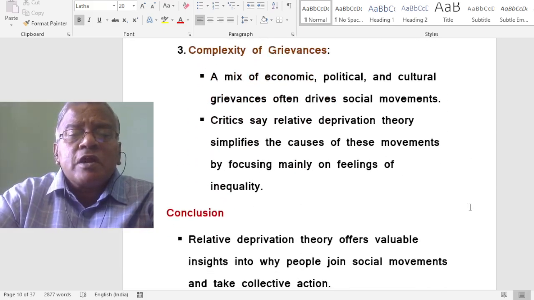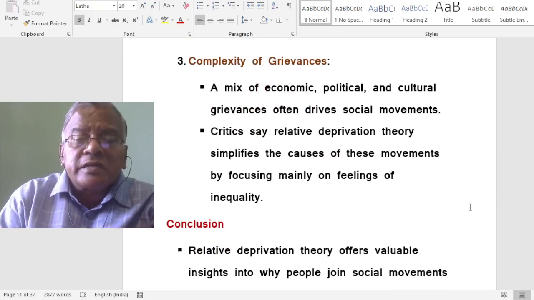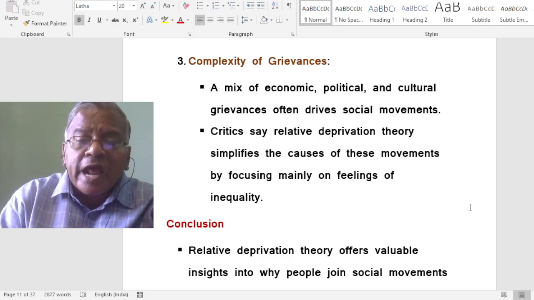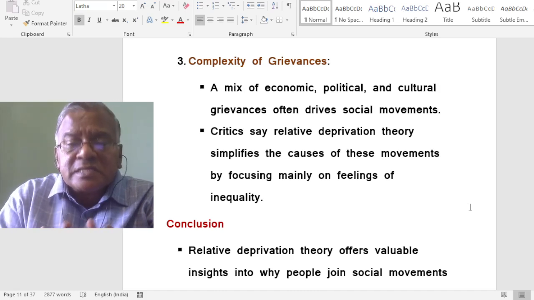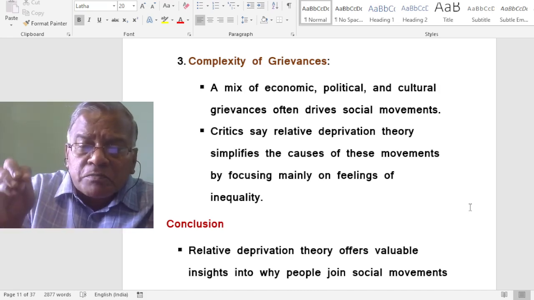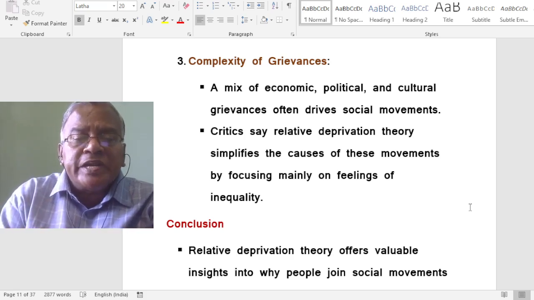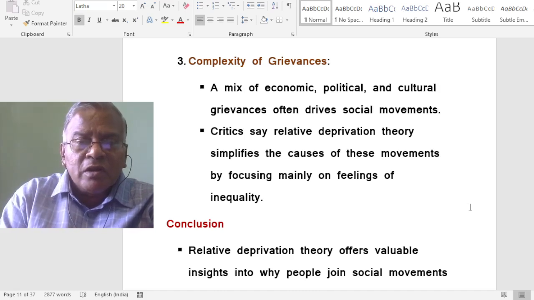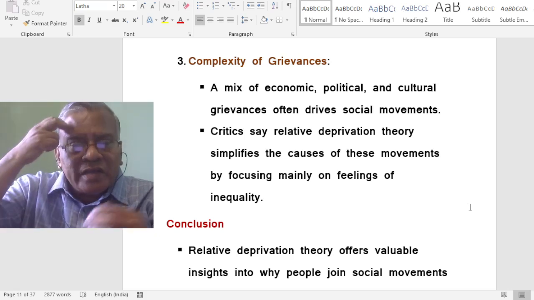Then complexity of grievances. A mix of economic, political and cultural grievances often drives social movements. Critics say relative deprivation theory simplifies the causes of these movements by focusing mainly on feelings of inequality. Very important one. There are so many complex phenomena involved here: economic, political and cultural grievances.